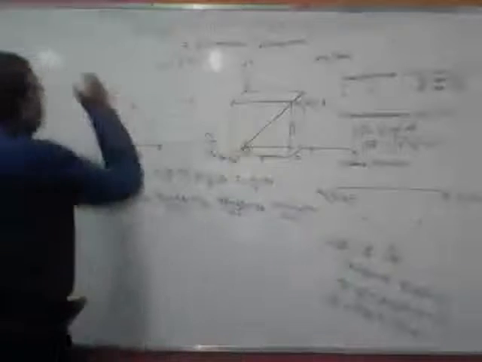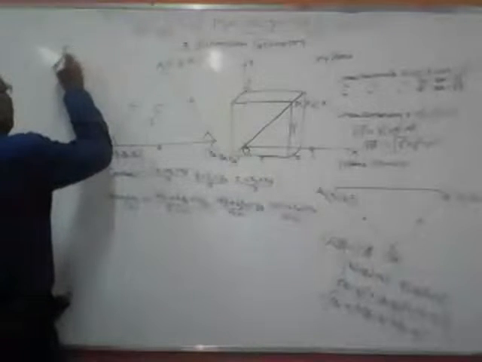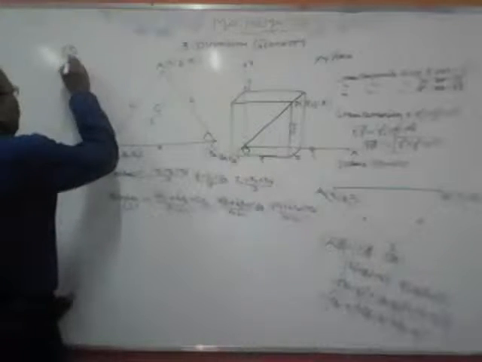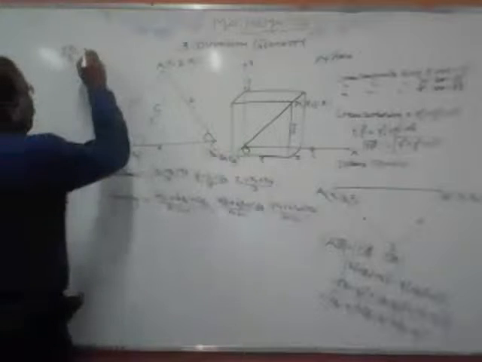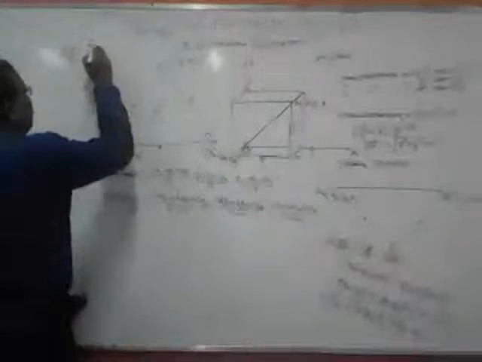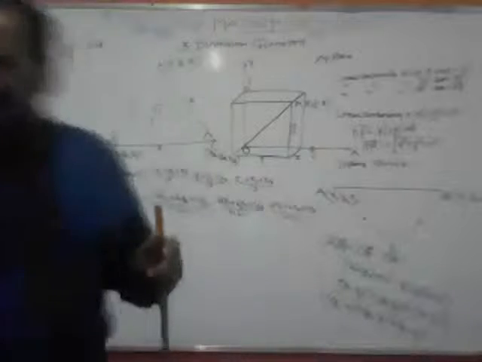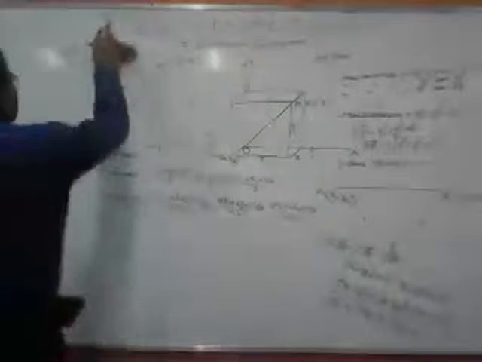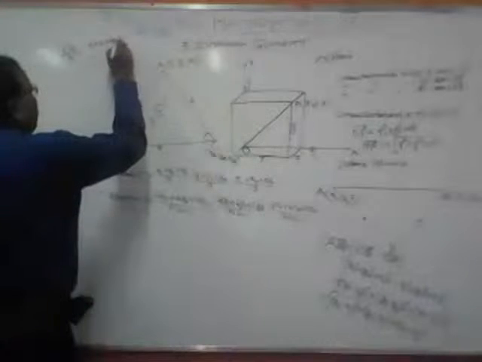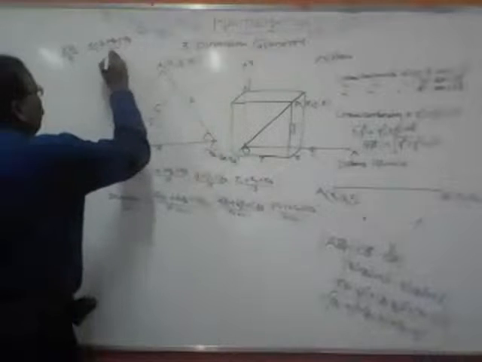Sigma xi upon 4 means x1 plus x2 plus x3 plus x4 by 4.